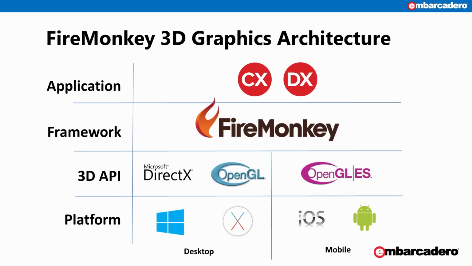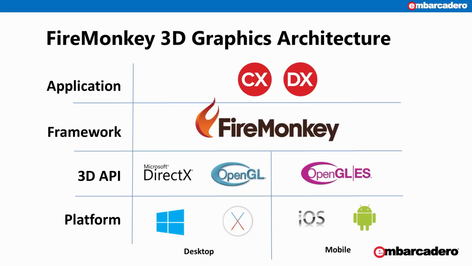Okay, so what is so unique about FireMonkey 3D? The key thing is that you create your application once and you can natively compile for all supported platforms. In case of 3D programming, we use regular 3D APIs that are provided by operating systems like Windows, Mac, iOS and Android.